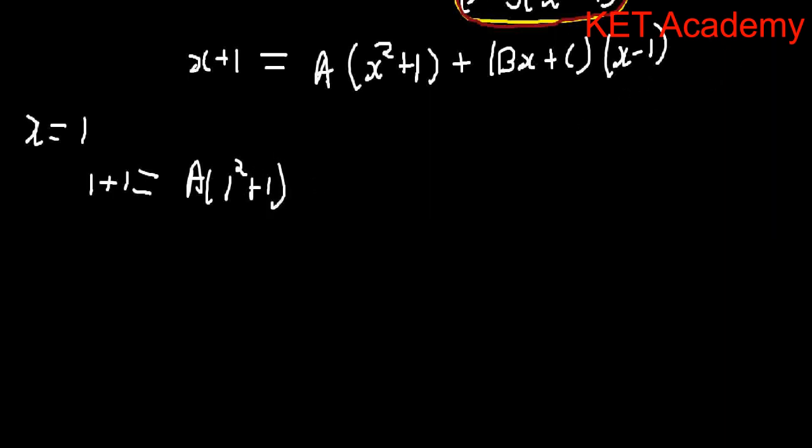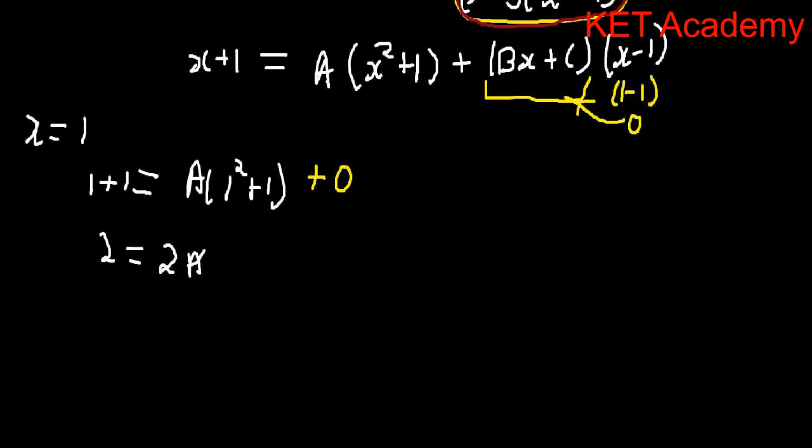Now if we put 1 here, we have 1 minus 1, which gives us 0, and 0 times anything gives us 0. So this term gives us 0, and plus 0 will simply be 0. Now if we continue, we get 2 equal to 2a. So this implies that a is equal to 1. This is our value of a.